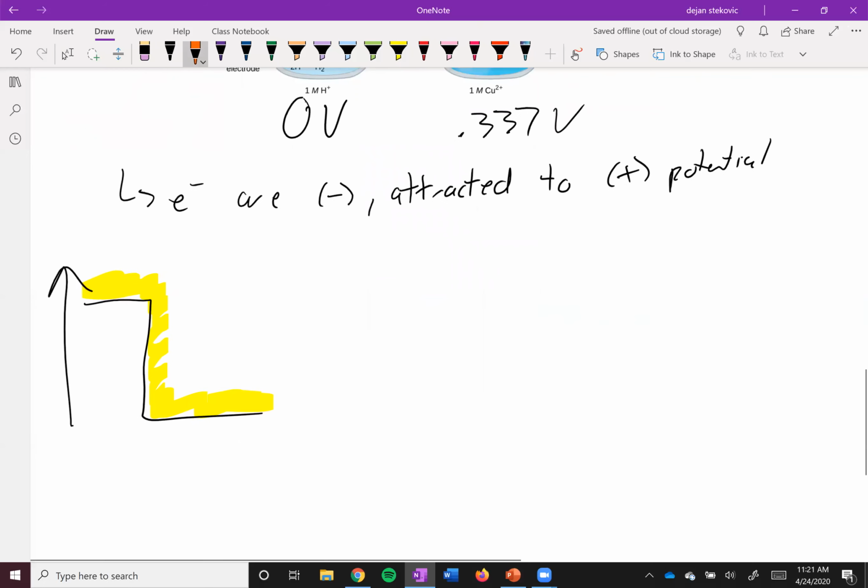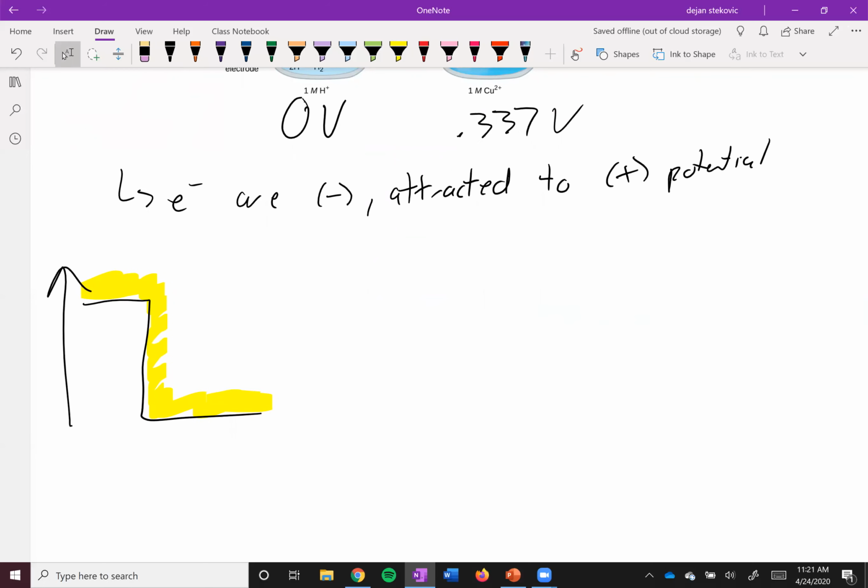And since electrons want to go towards more positive, when you're talking about them going downhill, you're talking about them going towards a positive. And then the negative is on top. So it's a flipped axis from what you may expect, but it makes sense if you think about electrons being negative and attracted to a more positive charge.